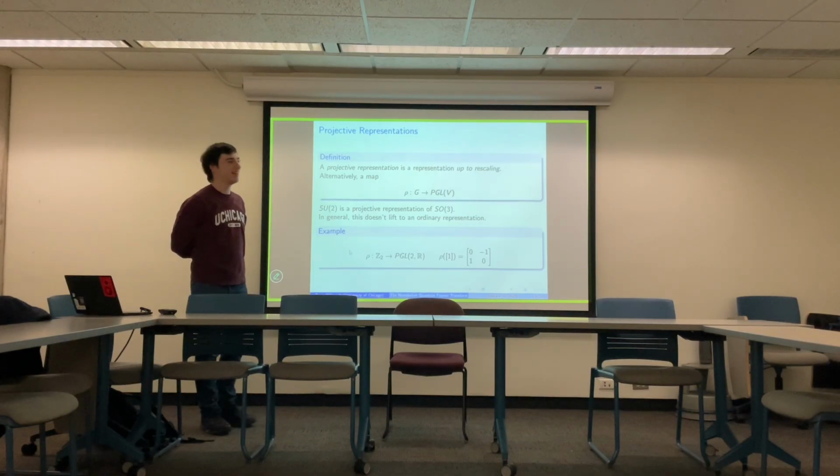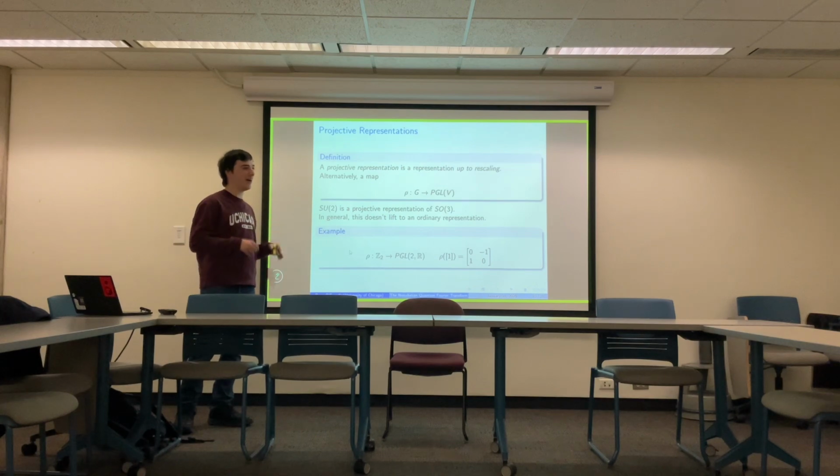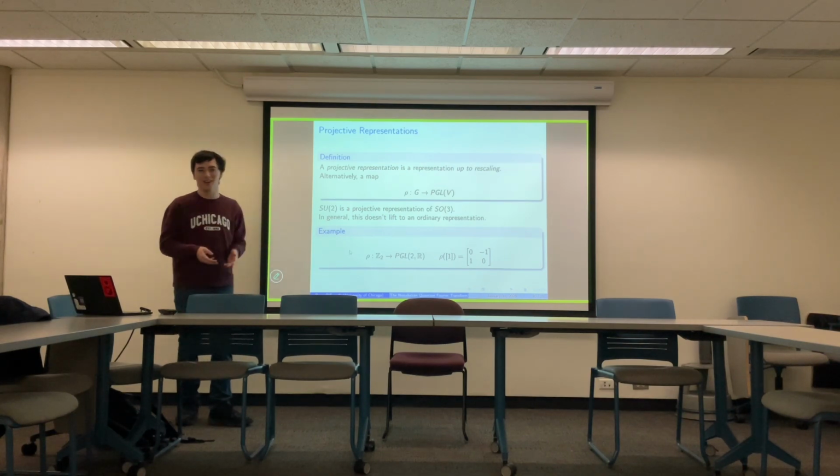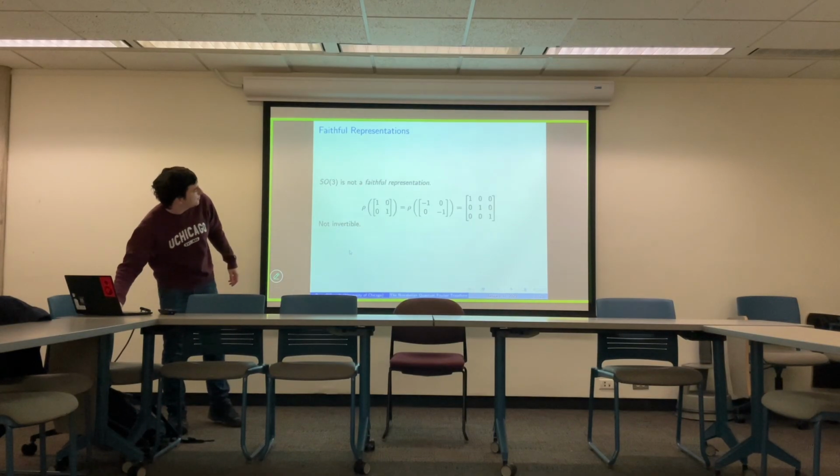How is it defined? SU2 is the special unitary group: the group of 2 by 2 unitary matrices with determinant 1. This shows up all over quantum mechanics.